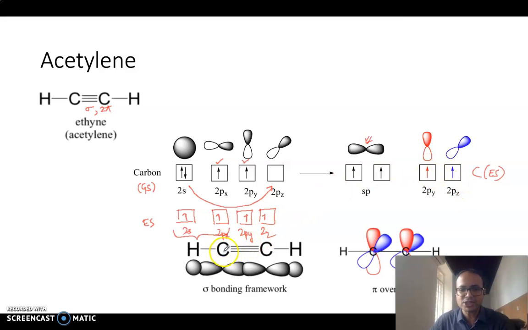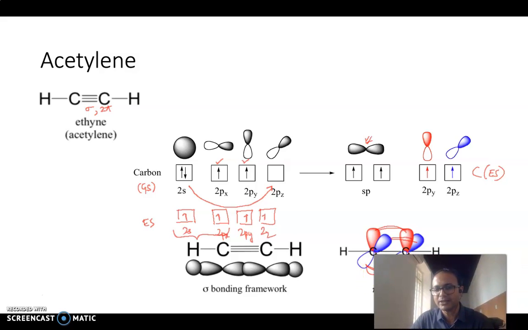On each carbon atom, the two sp hybrid orbitals form sigma bonds with this carbon and this hydrogen, so the shape is linear. Now on each carbon atom, there are two unhybridized p orbitals, which are not hybridized with each other. That means they overlap in a sideways fashion, and this sideways overlap leads to the formation of pi bonds.